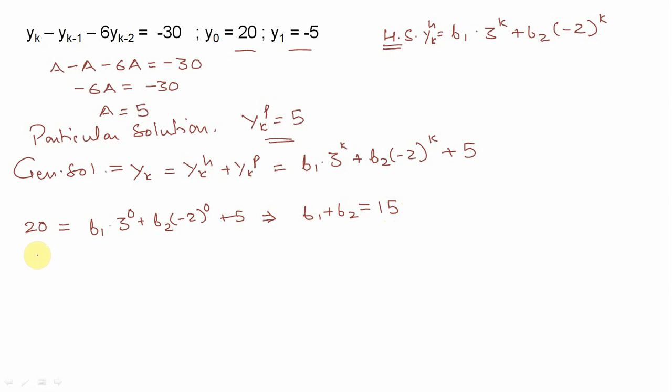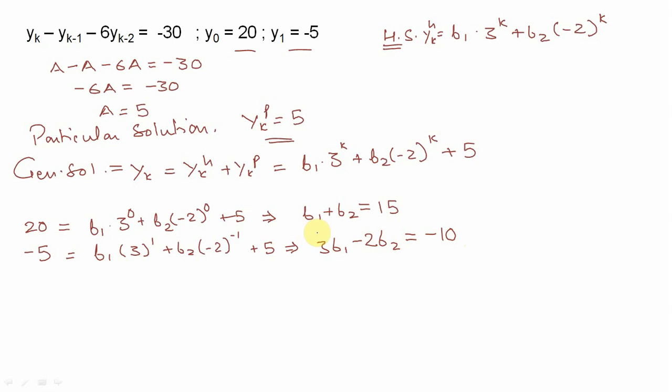Putting k is equal to 1, I get minus 5 is equal to b1 into 3 to the power 1 plus b2 into minus 2 to the power 1 plus 5. And this gives me my next equation, which says 3b1 minus 2b2 is equal to minus 10.